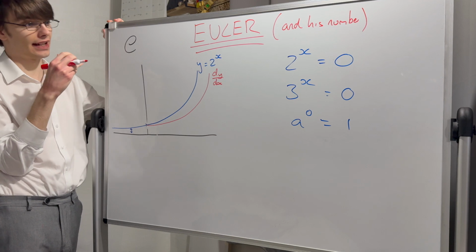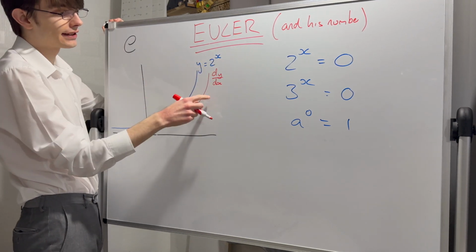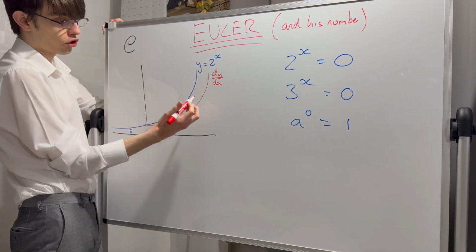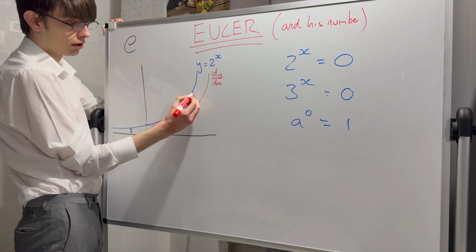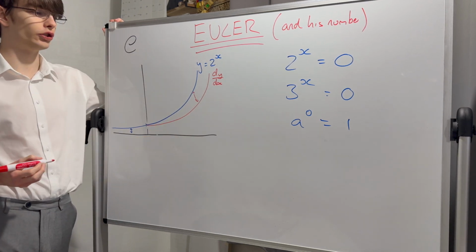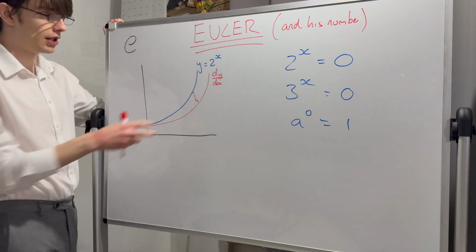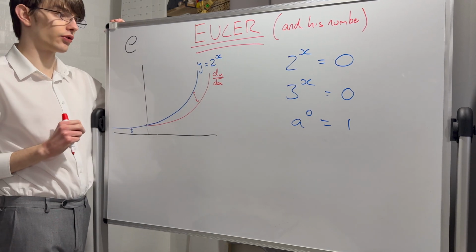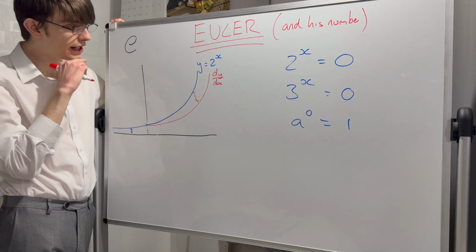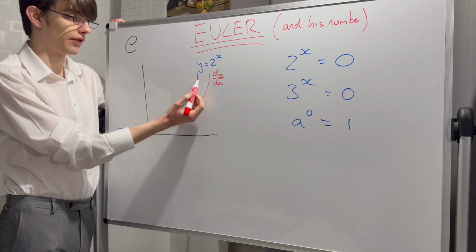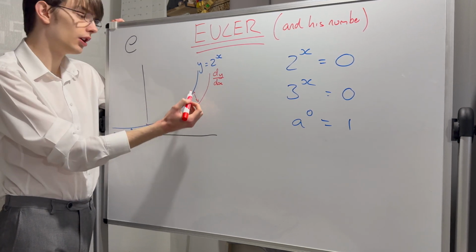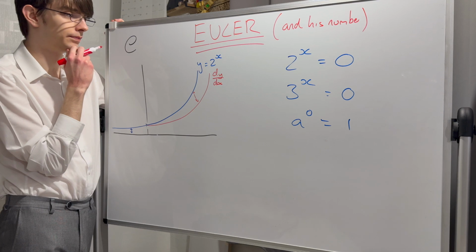In this case, for 2 to the x, the gradient function is slightly below my 2 to the x line. If you plotted these, you can throw it into Desmos or a calculator, you will notice that this dy dx graph is the same shape, just slightly lower.